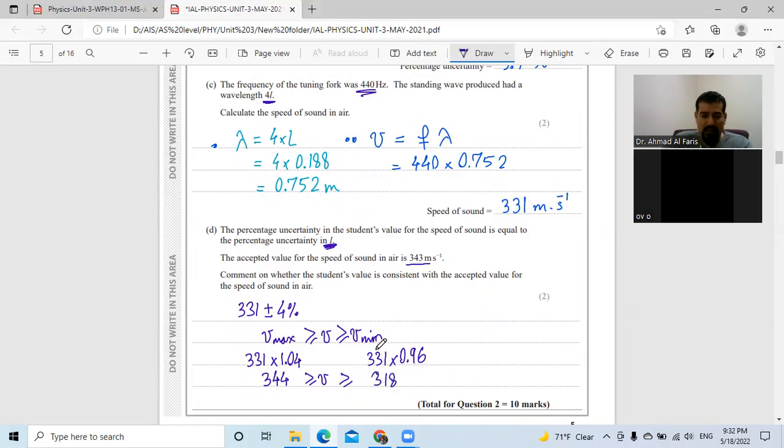Yes. So is this value 343 within the range of the student value? Yes, it is within. So 343 meters per second is within the range, so it is an accepted value.